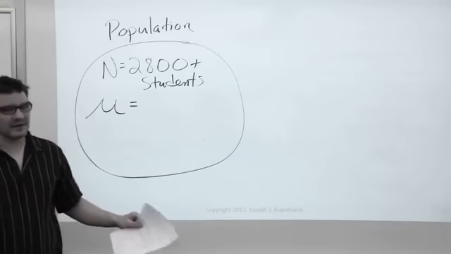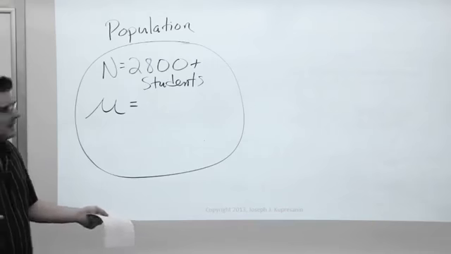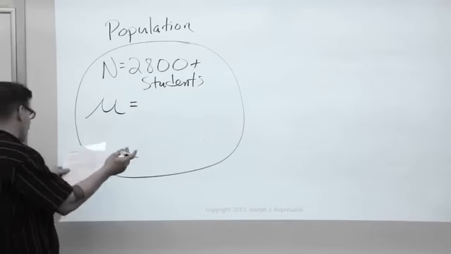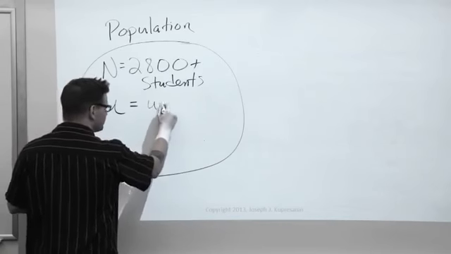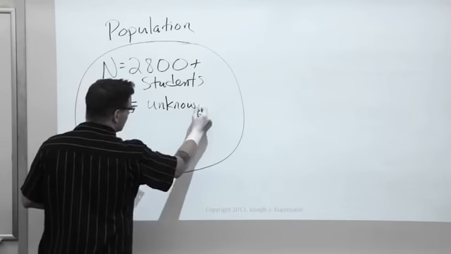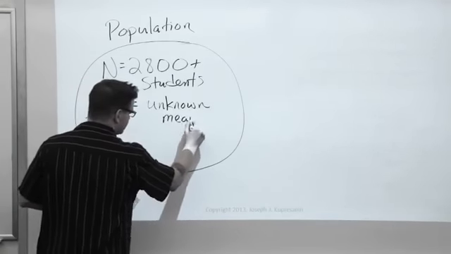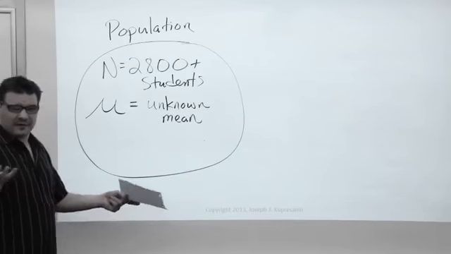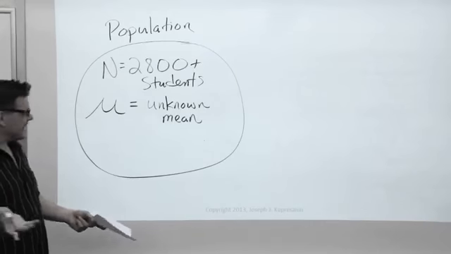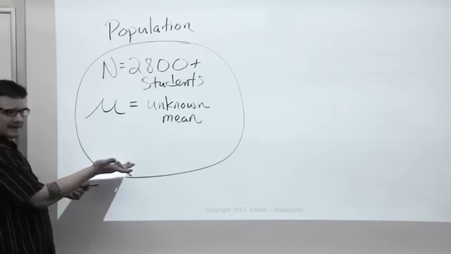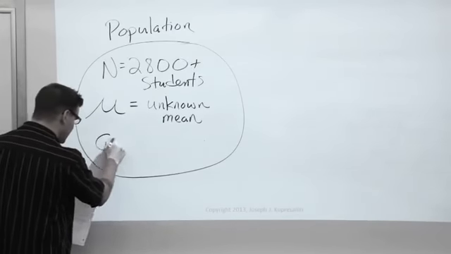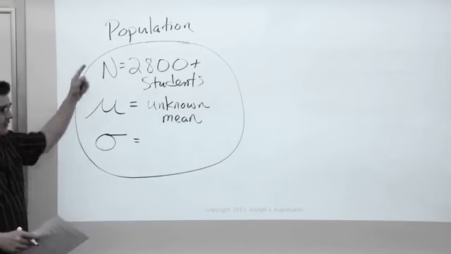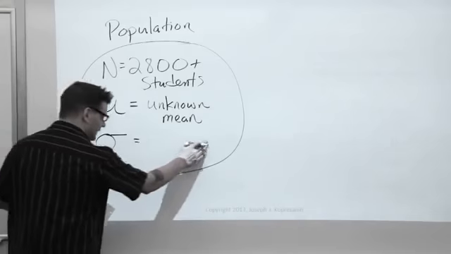It's a value that I'll never know, because I would have to interview 2,800 students. This is unknown. I have an unknown mean. I know that figure from the newspaper or the internet, $3,100, is the average credit card debt. But at Cecil College, who knows if that holds? Here's the standard deviation for all 2,800 students. It's also unknown.